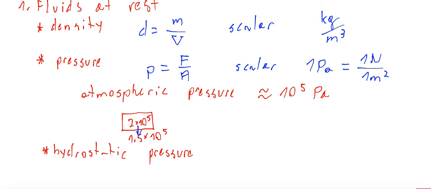So let's imagine that you have a kind of container, a cuboid, which is filled by a fluid. Okay, container has a height of h and surface area of A.